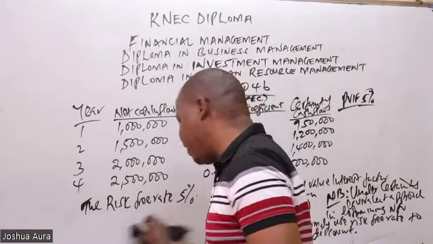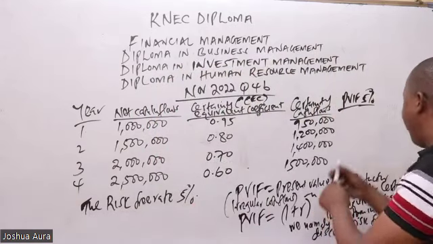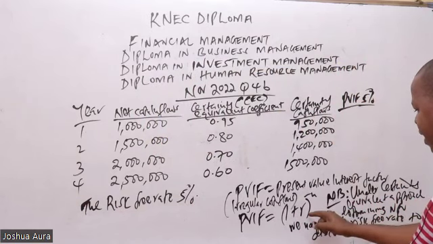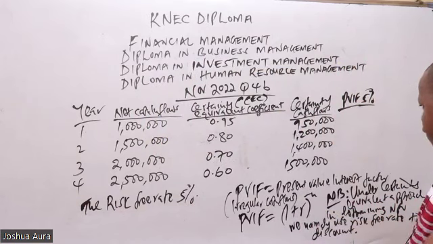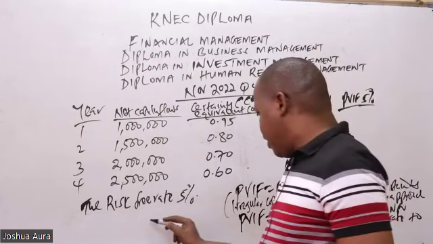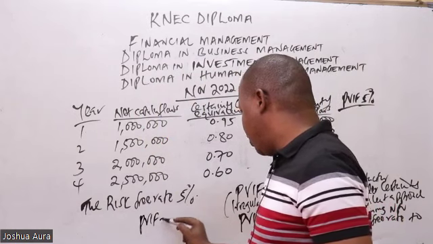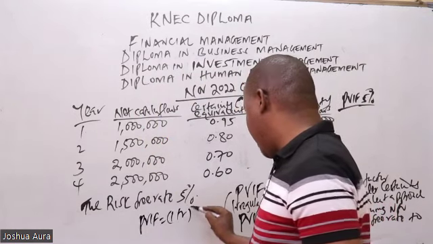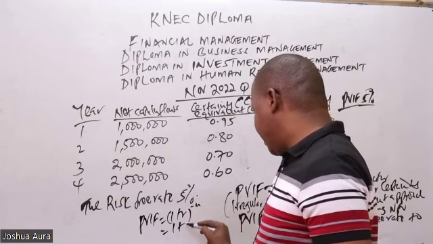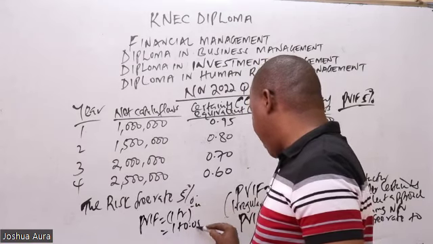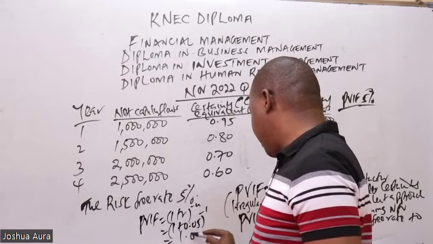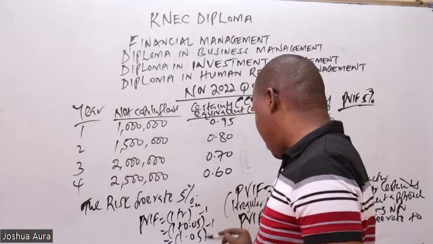So let me wrap this one. The formula is 1 plus r raised to negative n. For the first year, PVIF equals 1 plus r raised to negative n, so it will be 1.05 raised to negative 1.